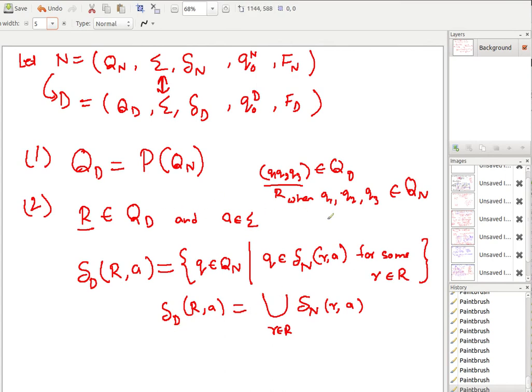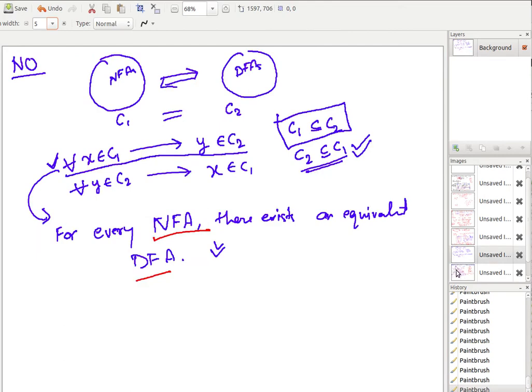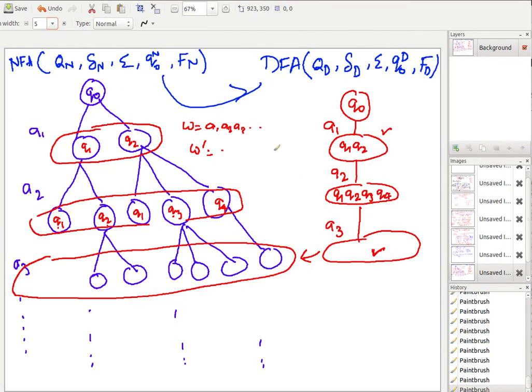If you really want to understand this step, it is exactly similar to this. This is my R. On the non-deterministic machine, for Q1 on A, where are you going, and delta n for Q2 on A, where are you going.